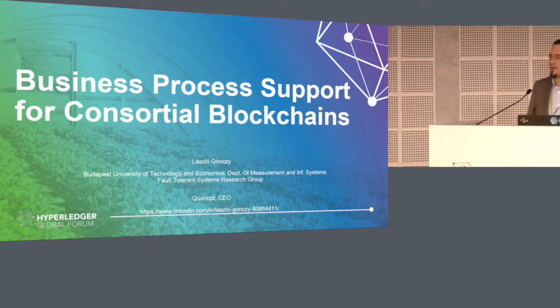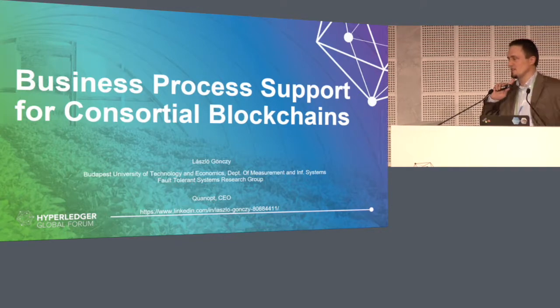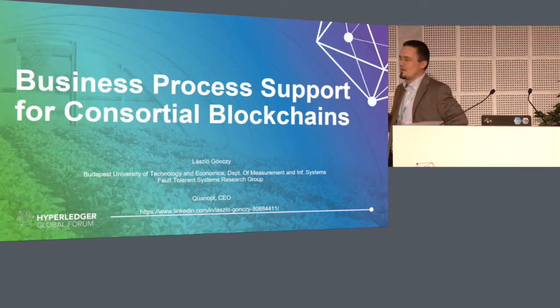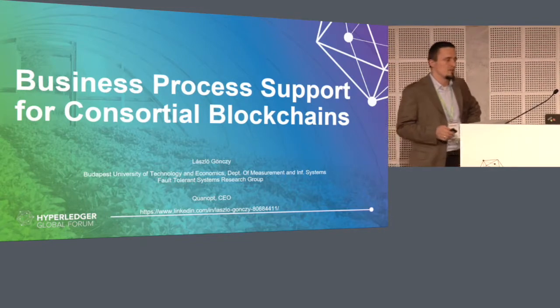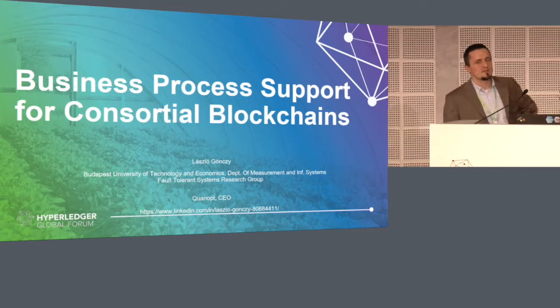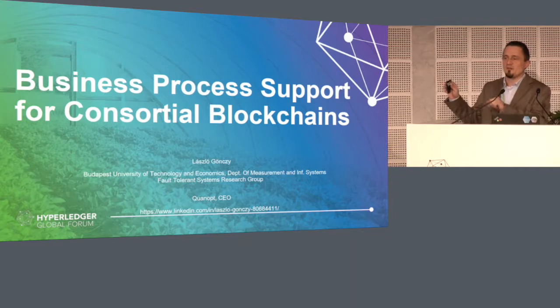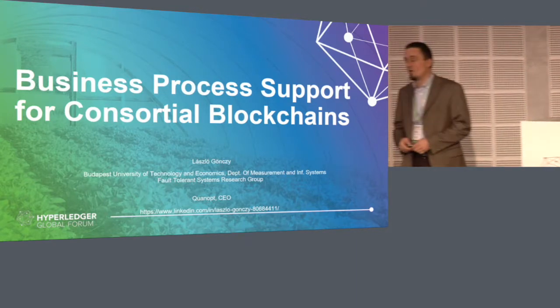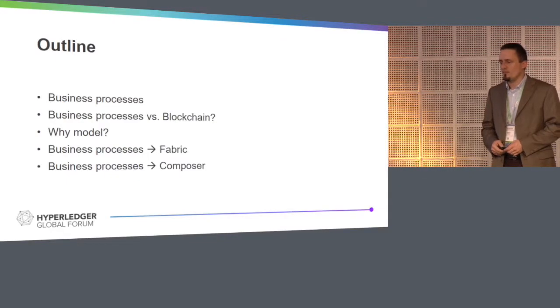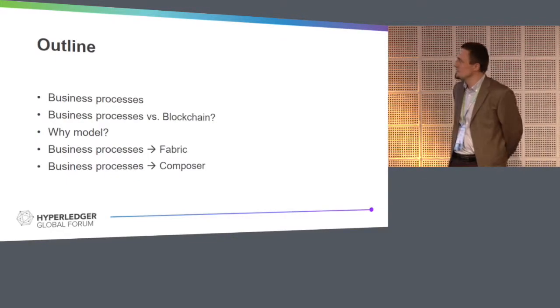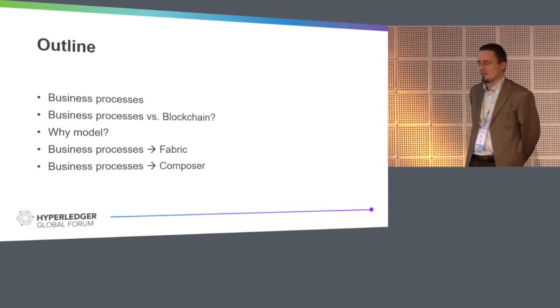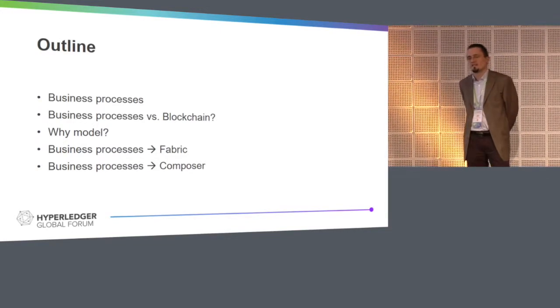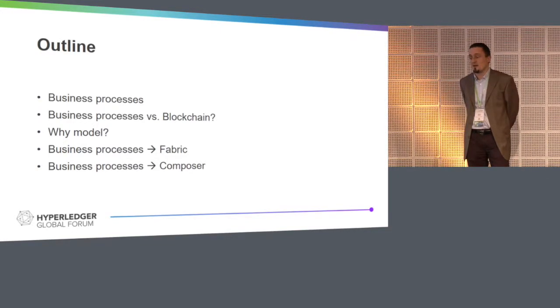So basically, what we will see now is why it might be important and interesting to port business processes over blockchains, what we mean by business process support for blockchains, and how this can be supported with open source technologies. First, we will very briefly talk about business processes, and then see what we can mean by business processes over blockchain.